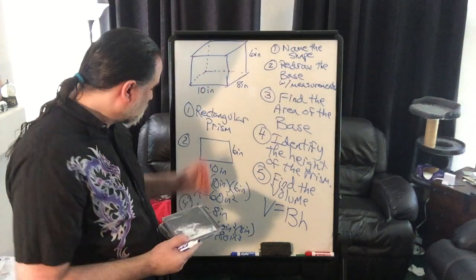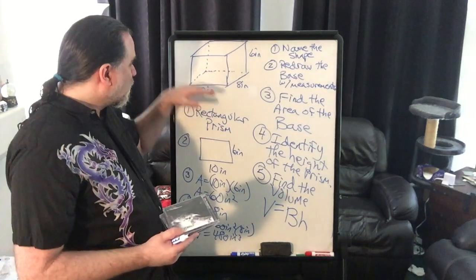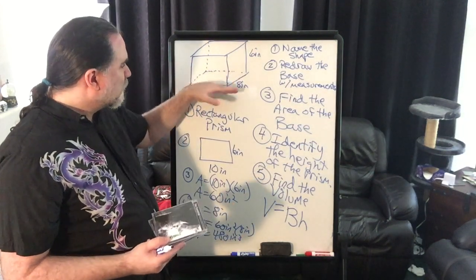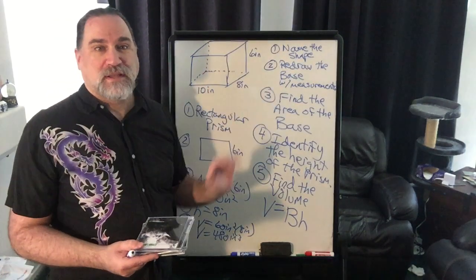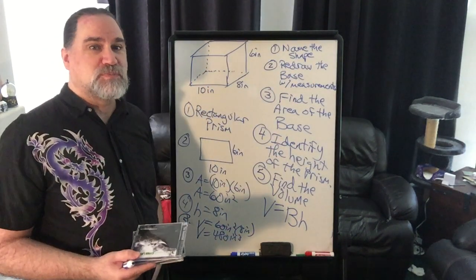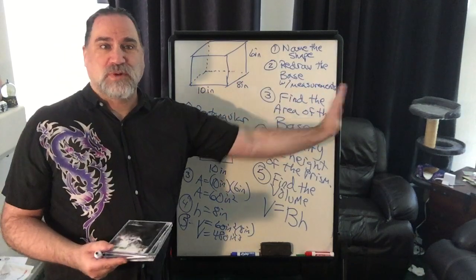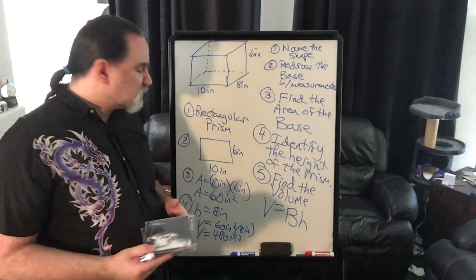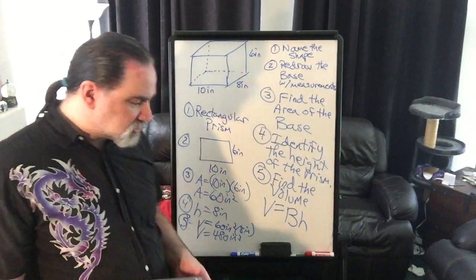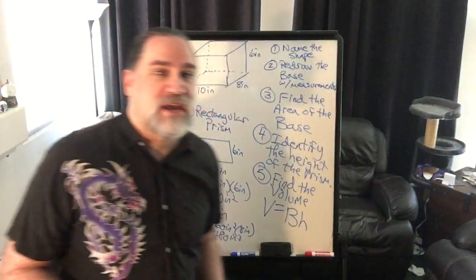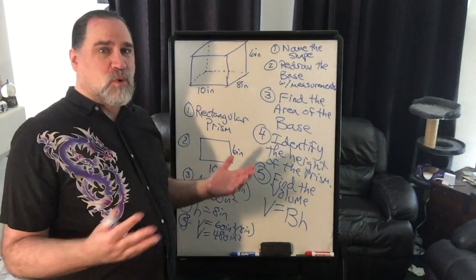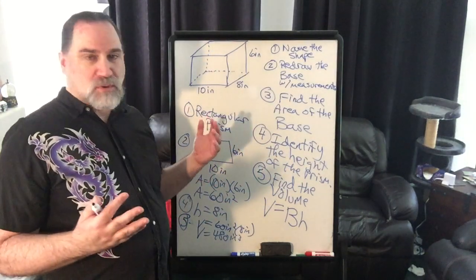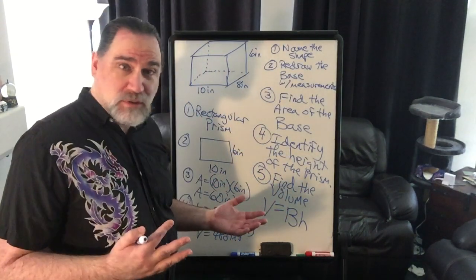I have this thing on the bottom here, and then I just stack it up. Or the way I did it, I stacked them that way, like I was putting them into a storage position. So I'm storing them this way. Okay, so that's what you're always looking for, and that's why this base area times height works every single time, regardless of whether it's a cylinder or a prism or a trapezoidal prism.